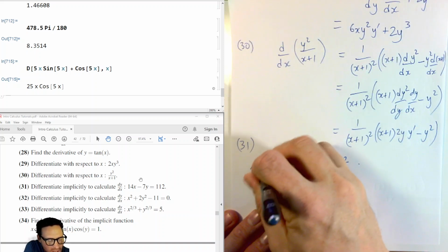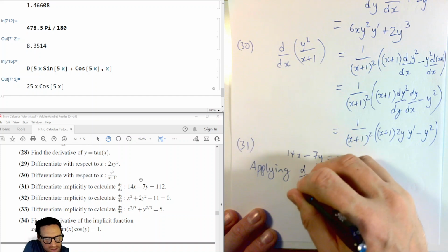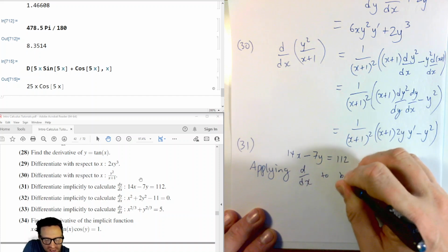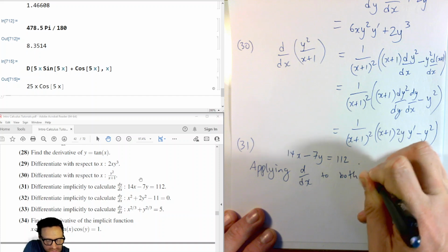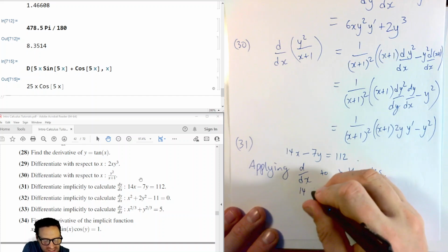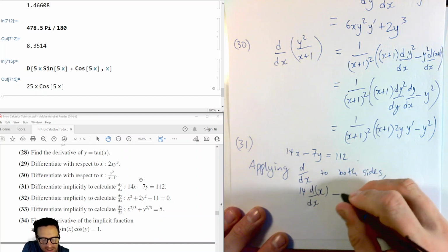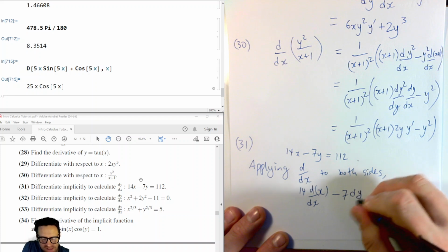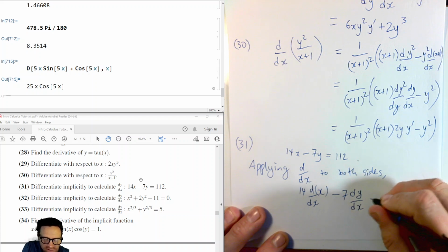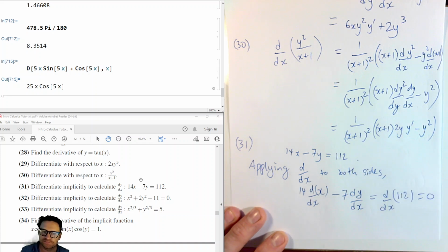So let's say applying d on dx to both sides, we have 14 d on dx of x minus 7 dy on dx is equal to d on dx of 112, which of course is 0.